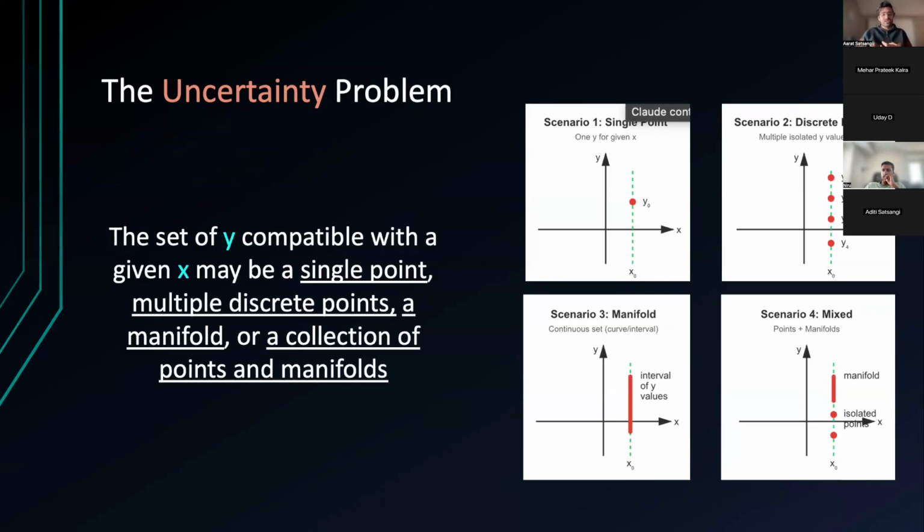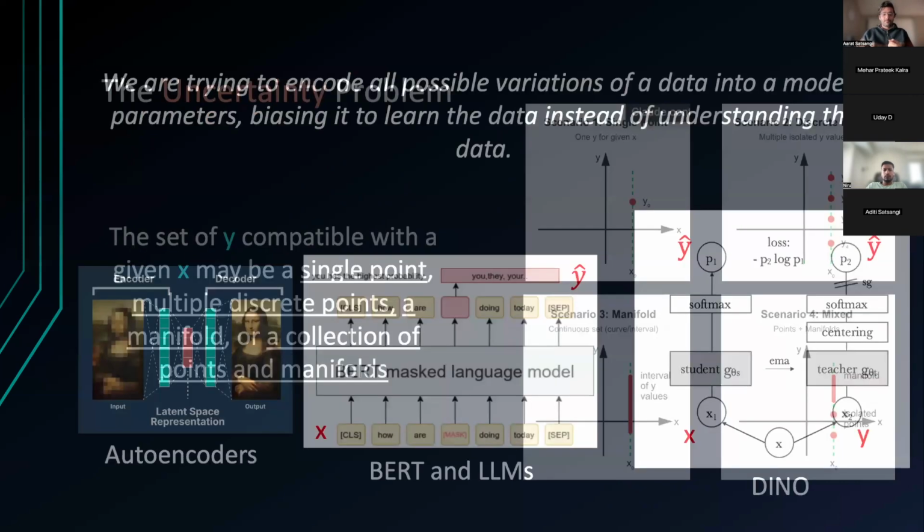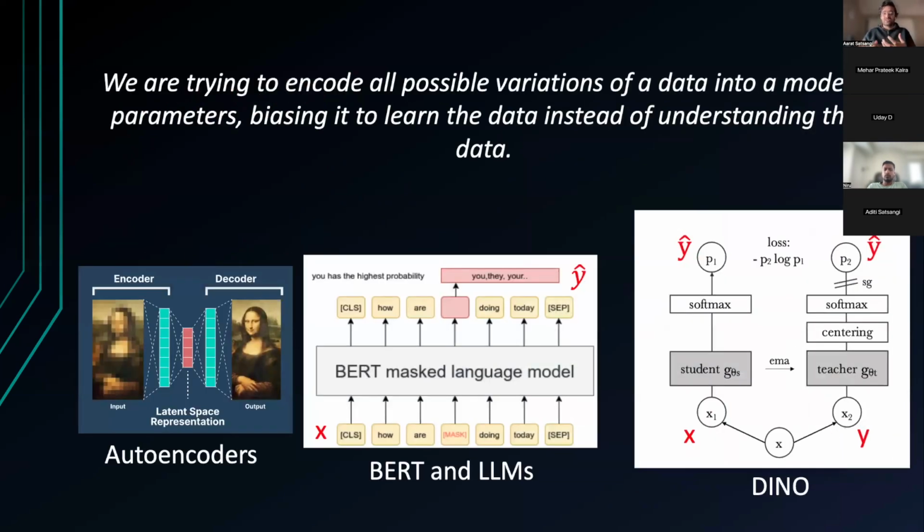When you are training the model with invariance methods and generative methods, you are not really getting the model to understand the data. We are trying to encode all possible variations of data into a model's parameters, biasing it to learn the data instead of understanding the data. This is exactly what's happening in autoencoders, BERT, LLMs, and DINO.